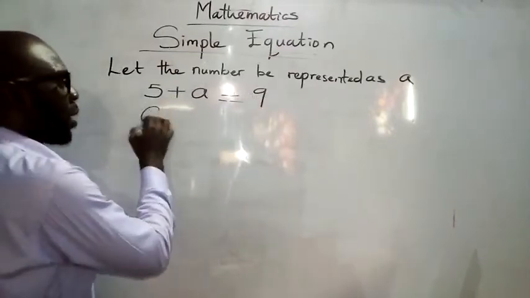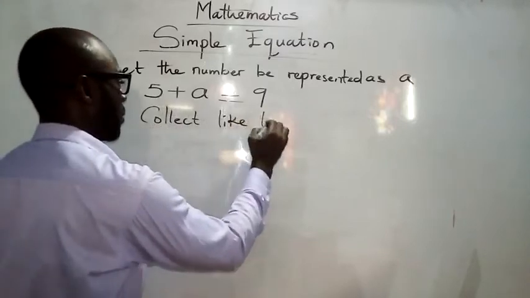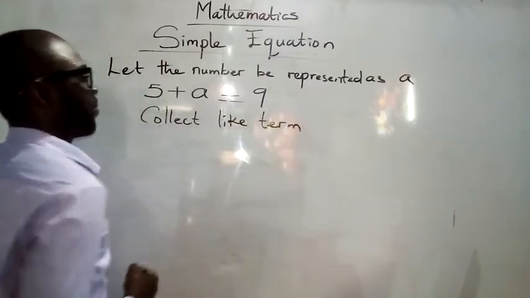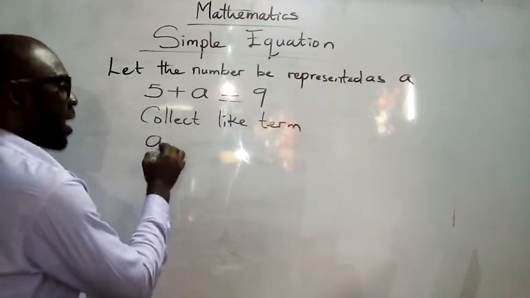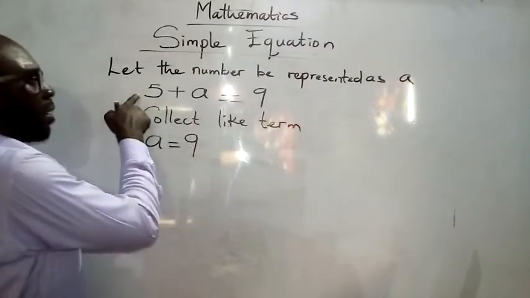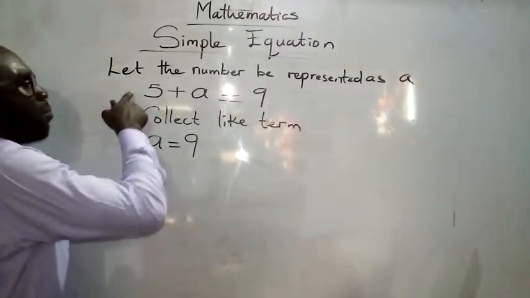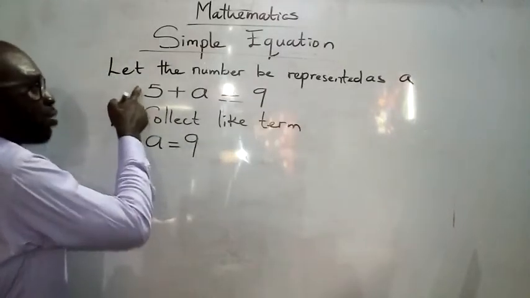So we collect like terms. Therefore, we have A will be equal to 9. Now, this 5 we move over to this side to meet 9.